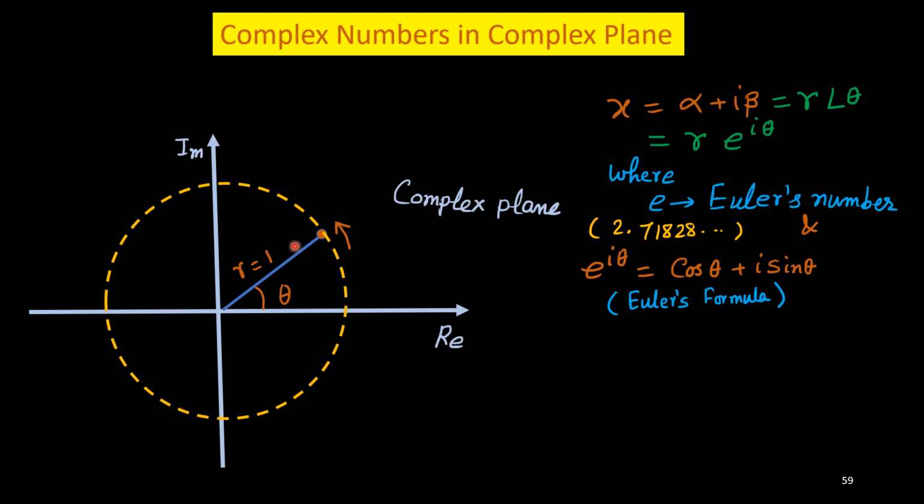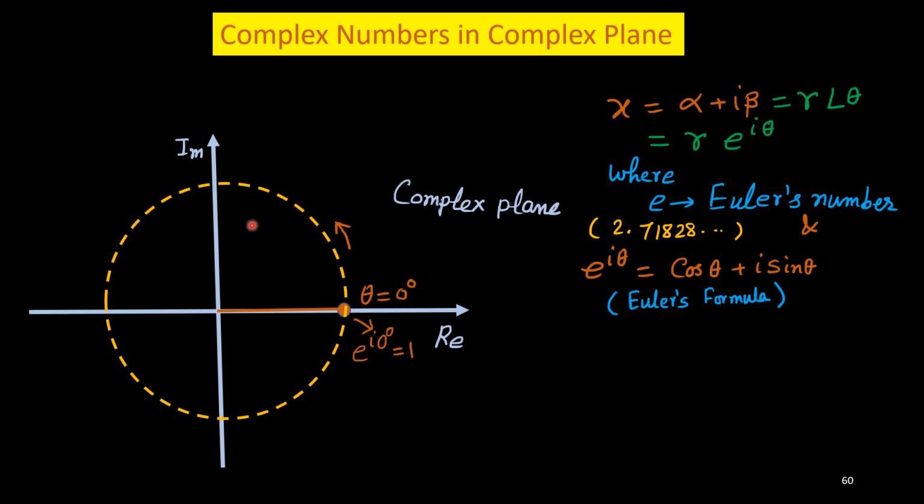Okay, radius could be anything, could be different from 1, but every time you will get one circle, right? So if you start from this 0 degree angle on the unit circle, this point is e to the power I into 0 degree, meaning cos 0 plus I sin 0, and cos 0 is 1. Okay, sin 0 is 0, thus it is 1, right?